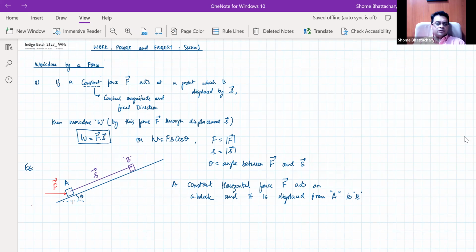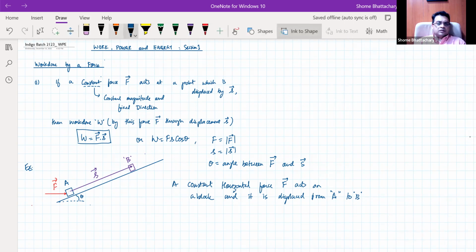So now when I do this vector operation aside, for example, if I want to express it that way, I can see here that the force vector and the displacement vector, you can see from the diagram, that the angle between them is theta, because the force is horizontal and the displacement is along the direction of the inclined plane.